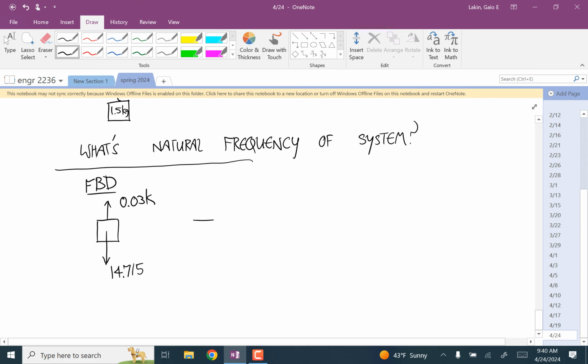And so Newton's second law, just looking at the y component, says 0.03 K is equal to 14.715. And so K is equal to 490.5, and that's newtons per meter.